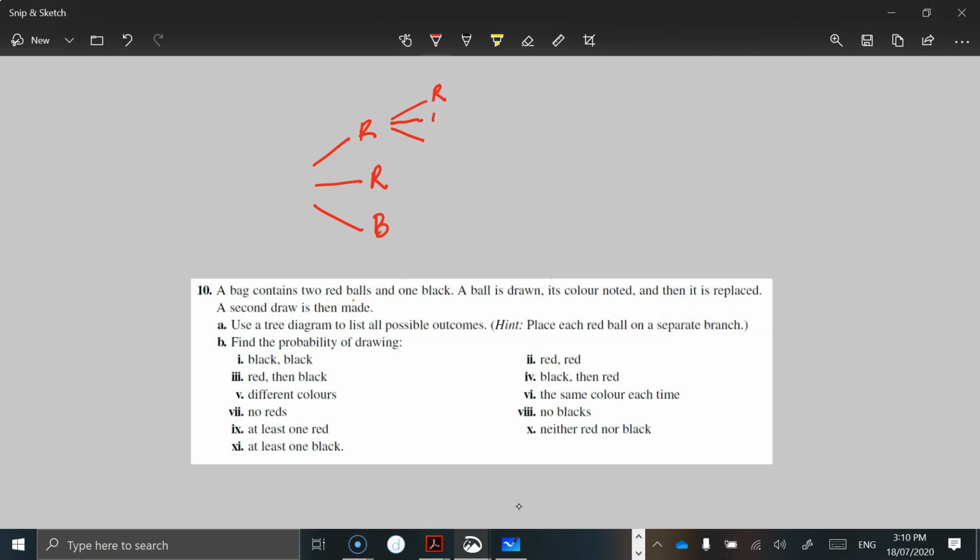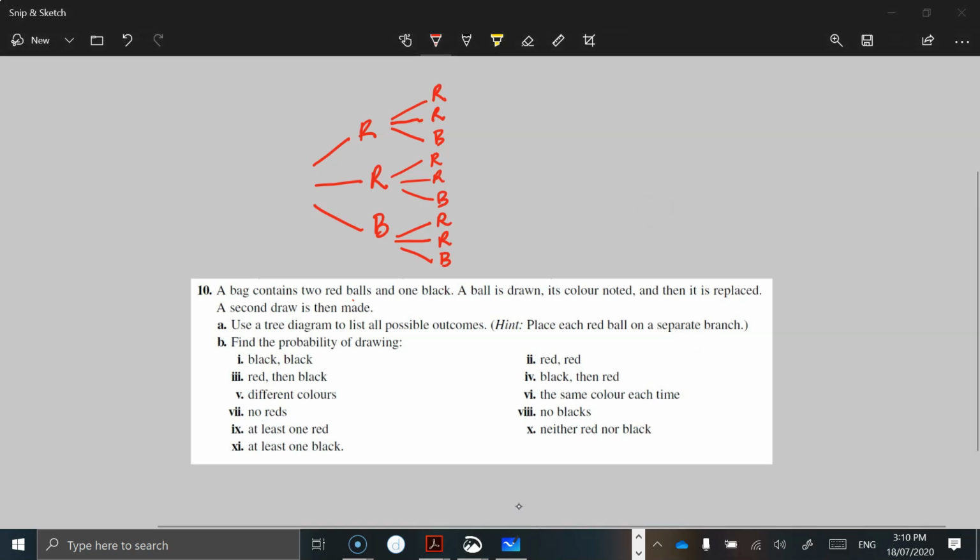You can have another red, you can have another red, you can have another black. You could do the same thing. You could have another red, and then you could have another black. And if you take a black, obviously when you put it back in again, you're going to have the same thing, a red and a black as your options. So only a second draw, there's nothing more than that.